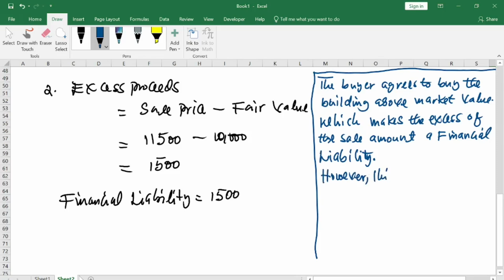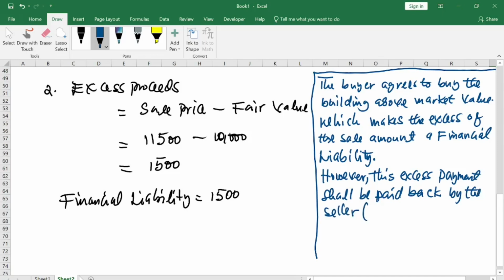However, this excess payment shall be paid back by the seller. The seller is now the lessee, through the annual lease payment.